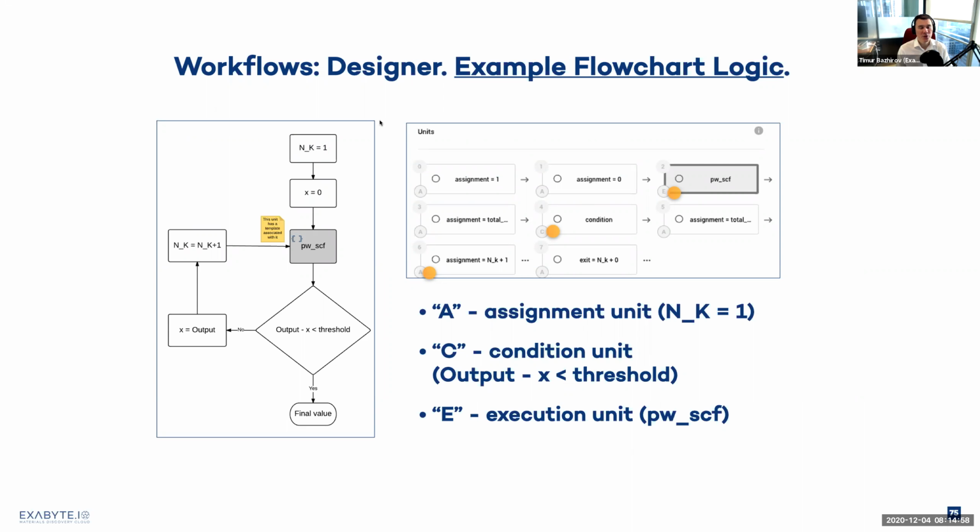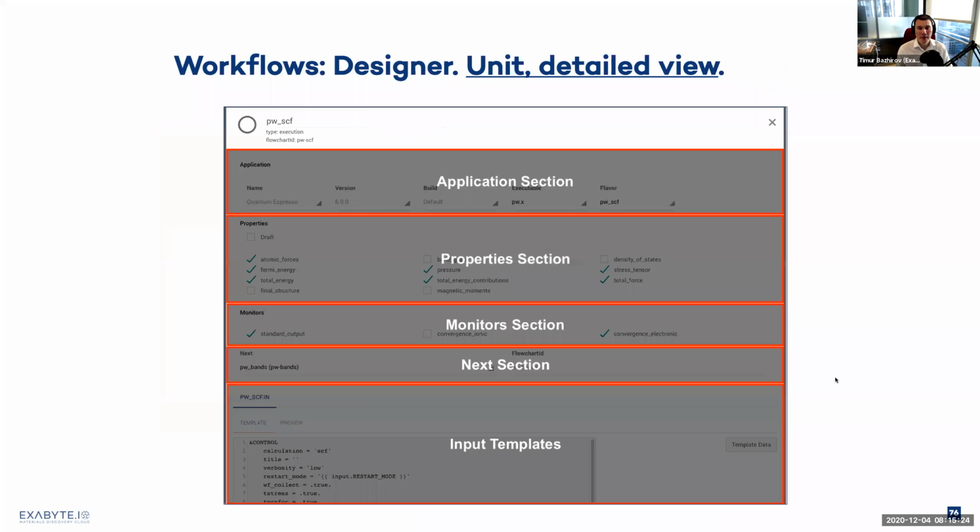So it's really a convergence and optimization loop where we have a condition applied on the result of the WSF calculation to make sure that two subsequent iterations of this loop are not different from one another by more than a threshold. If this condition applies, then we exit. So that is how it's going to look in the platform today.